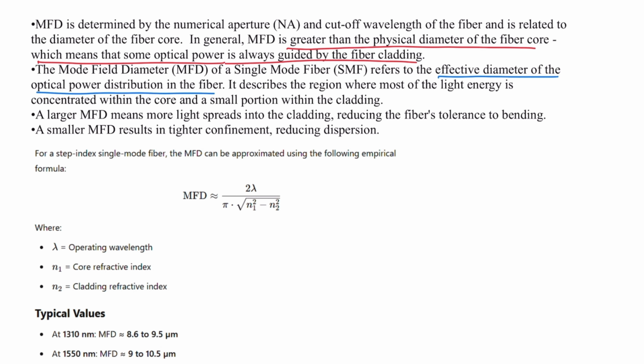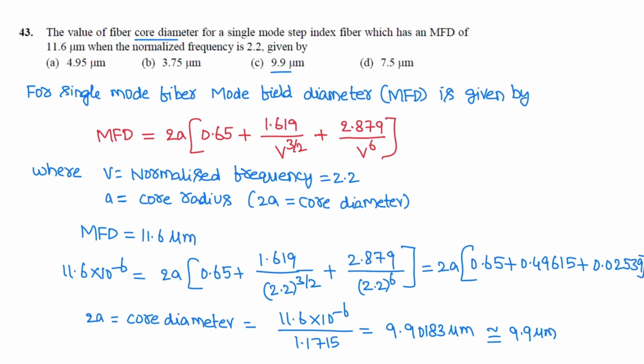The larger the mode field diameter, the more light spreads into the cladding, reducing fiber tolerance to bending. A smaller mode field diameter results in tighter confinement, reducing dispersion. One more formula for calculating the mode field diameter is approximately 2 lambda by pi into square root of n1 square minus n2 square. So this is a problem related to mode field diameter of single mode fiber.